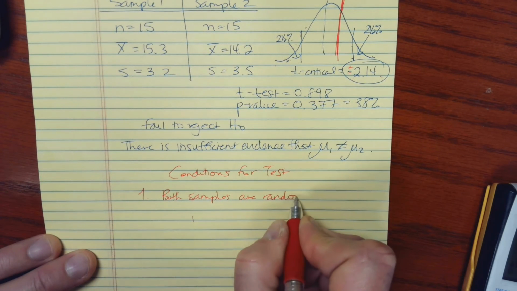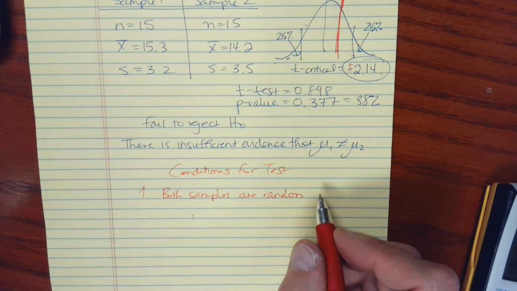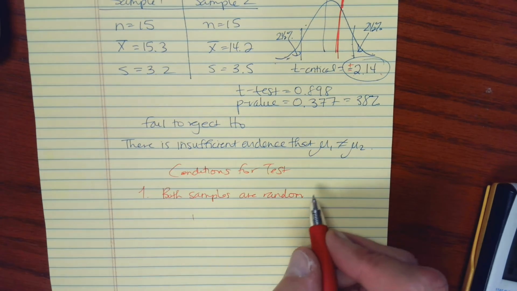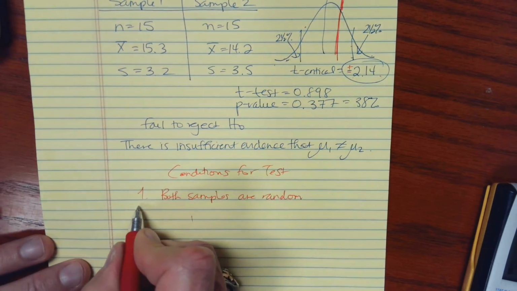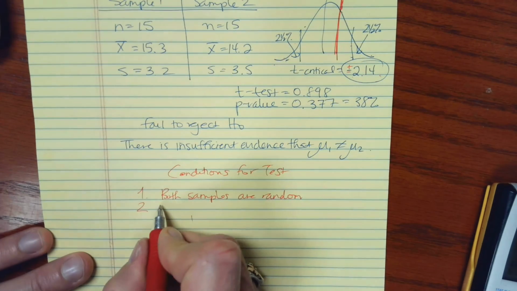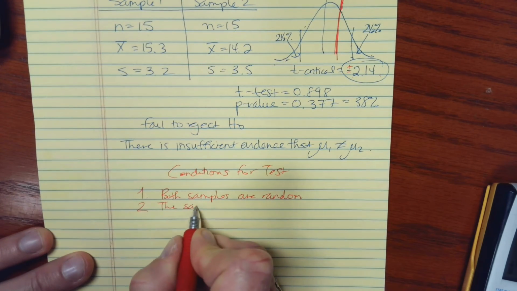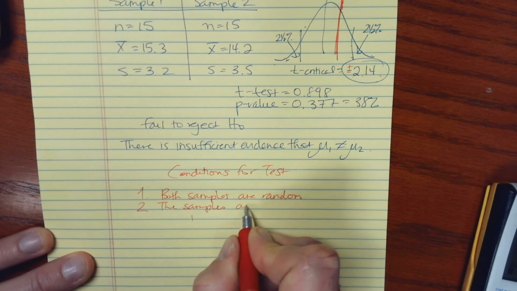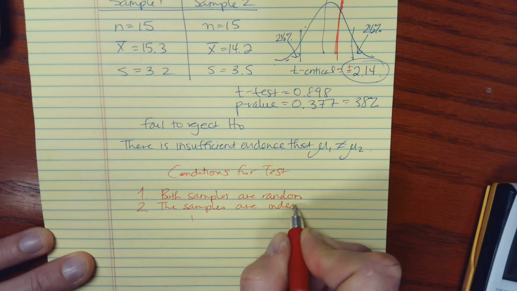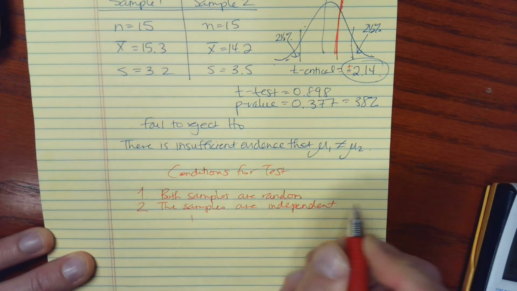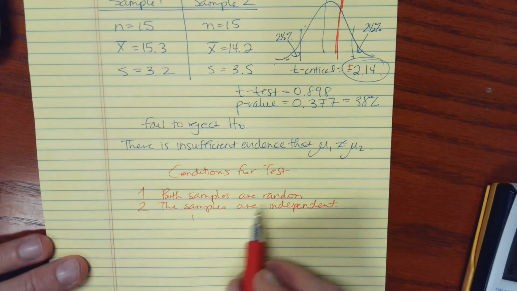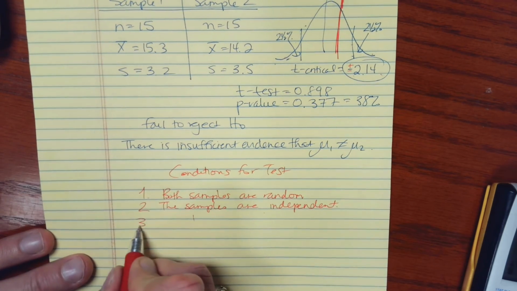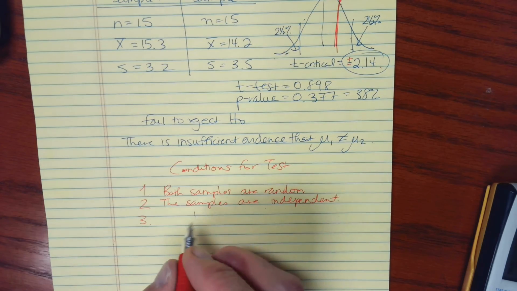So you could either have a simple random sample or a randomized experiment. And for this technique, we need to make sure that the samples are independent. For dependent samples, we would just do something called matched pairs. So that's not the case here.